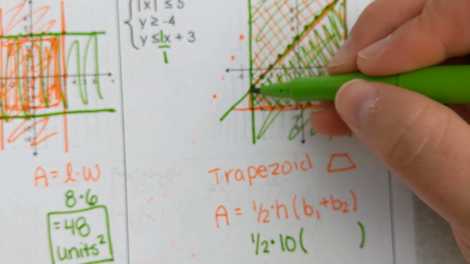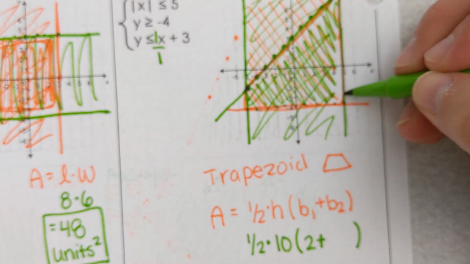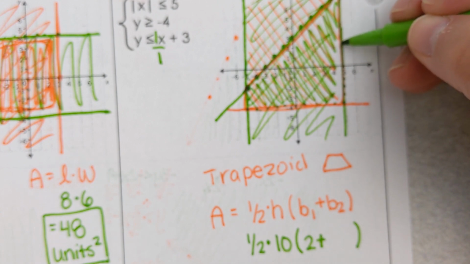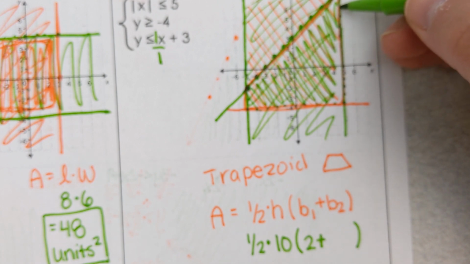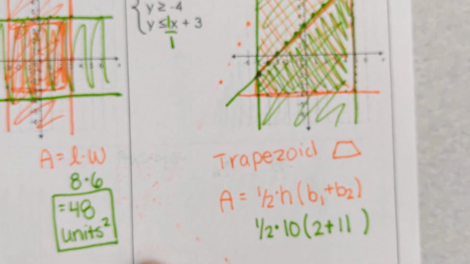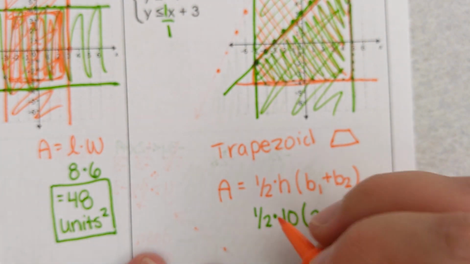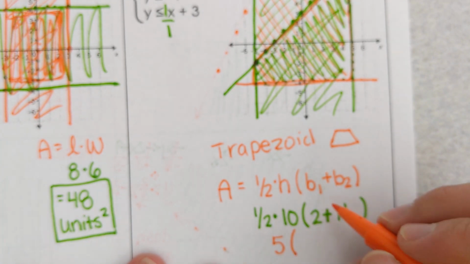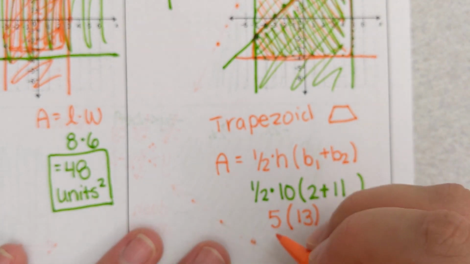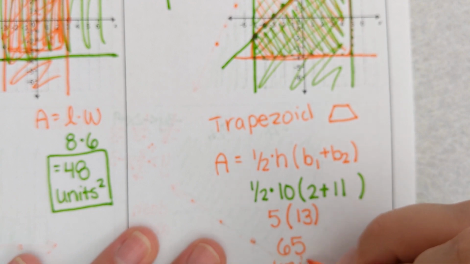So this one is 1, 2 plus 1, 2, 3, 4, 5, 6, 7, 8, 9, 10, 11. I'm going to do half of 10 because I already know what that is in my head. 5. And then 2 plus 11 is 13. And 5 times 13 is 65 units squared.